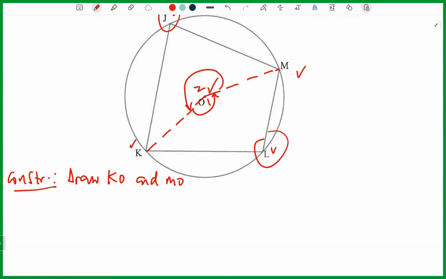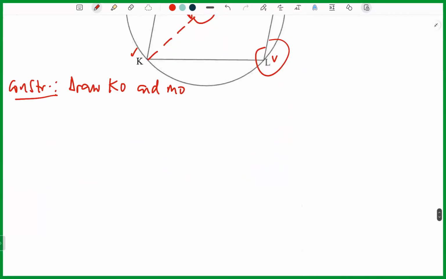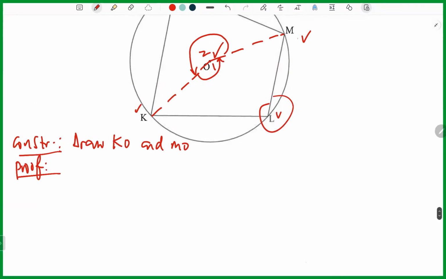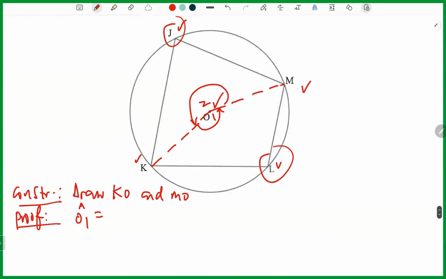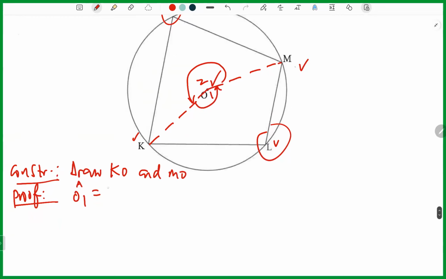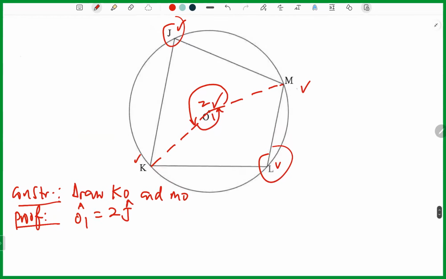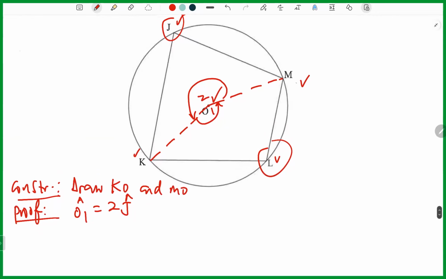Right, so if you look at the proof, angle O1 is twice J. Angle O1 is twice J. Why is angle O1 twice J?